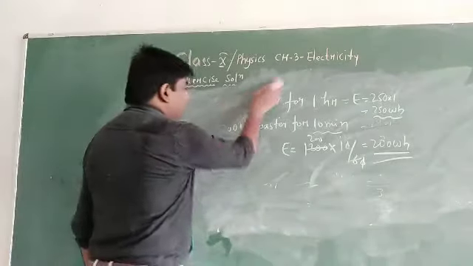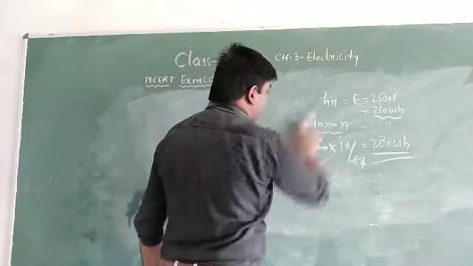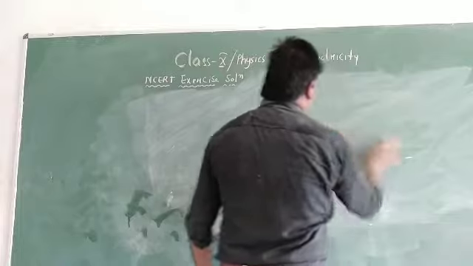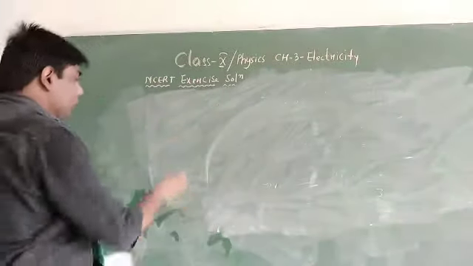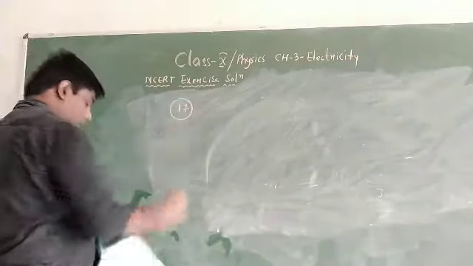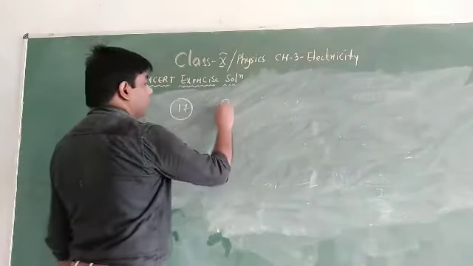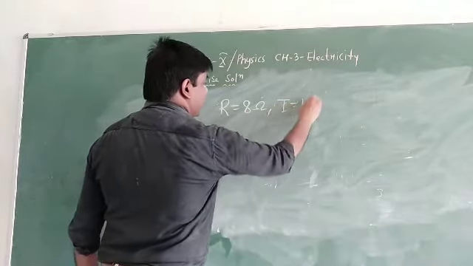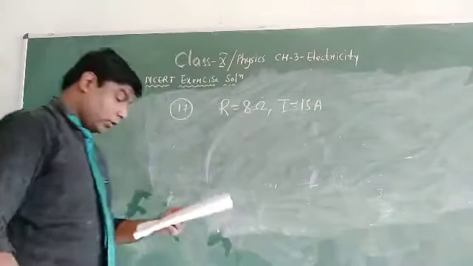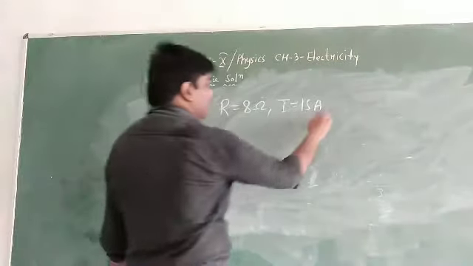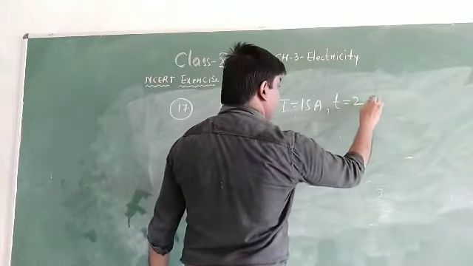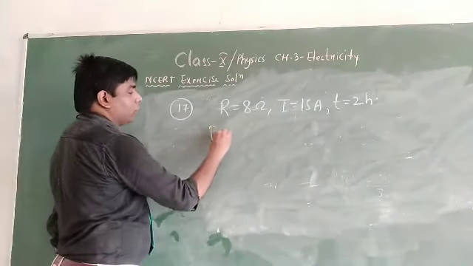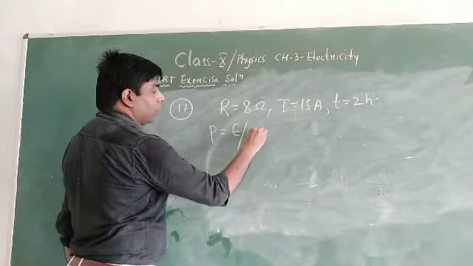So formula for the power is V square by R, VI or I square R. So for the electric heater, R is equal to 8, I is 15 ampere. And time is also given.